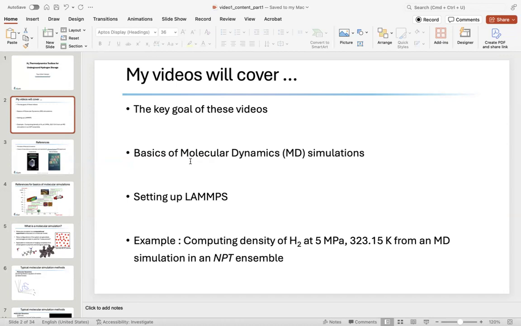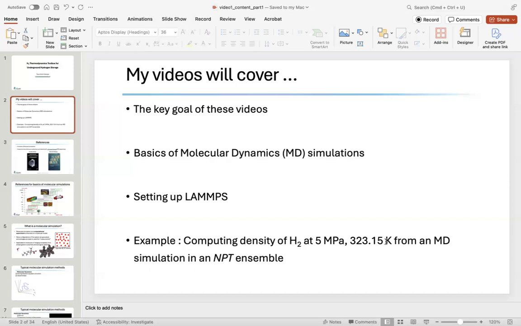It's a very well-known software that people have been using for quite some time now to calculate thermodynamic properties or even dynamic systems. In these lectures, I will also tell you how to set up LAMMPS. And then finally, as I said, we'll compute the density of hydrogen at 5 megapascal and 323.15 Kelvin using LAMMPS.